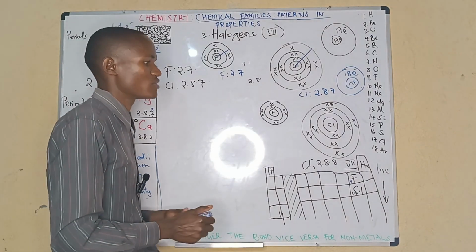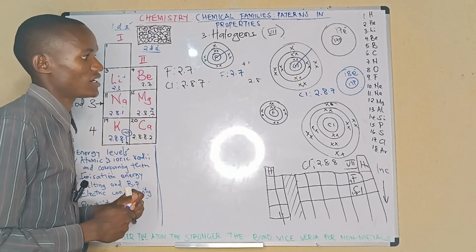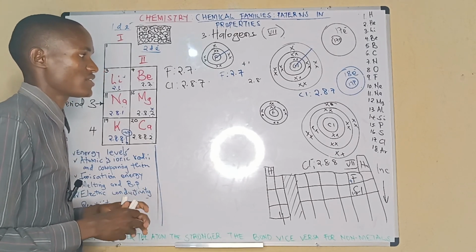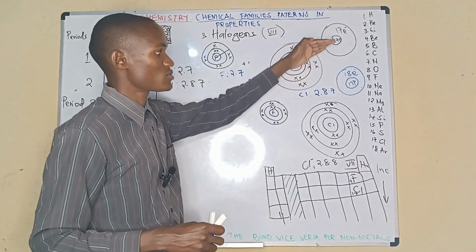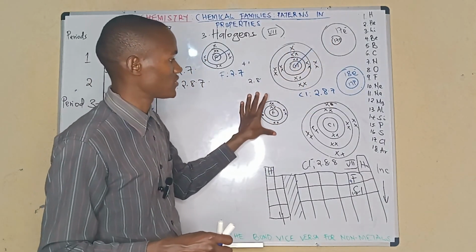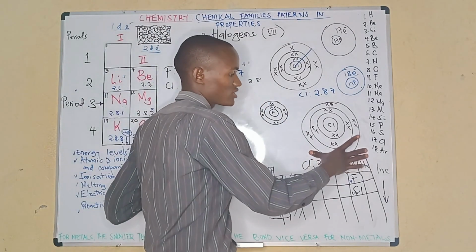So let us conclude about the sizes of atoms and ions. We first say, what about the ions, before we compare the atoms to the ions. This is the ion of fluorine, the fluoride ion. This is the ion of chlorine, the chloride ion.